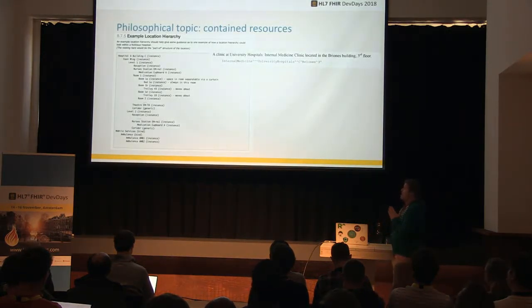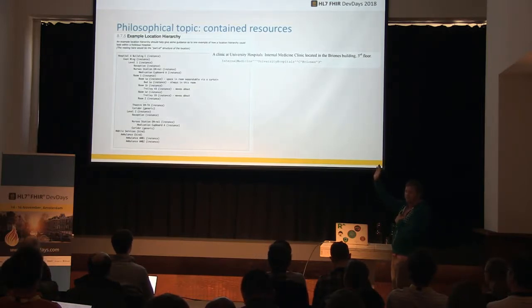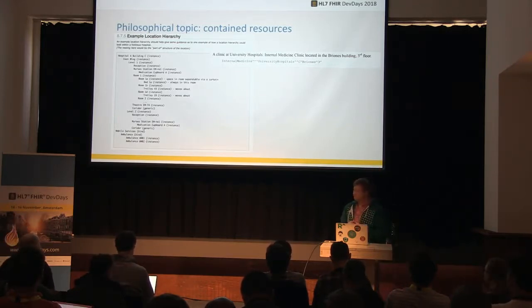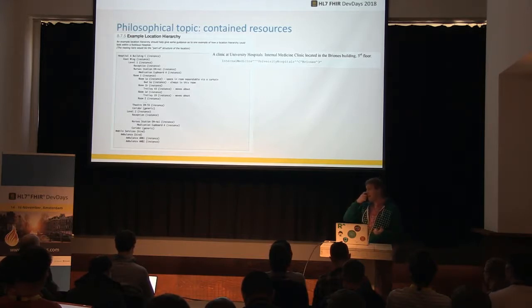Finally, a philosophical topic. Who here's heard of contained resources before? Okay, a few hands. A contained resource in FHIR is sort of like a nested resource. Every domain resource has a contained property, and you can stick little resources in there.